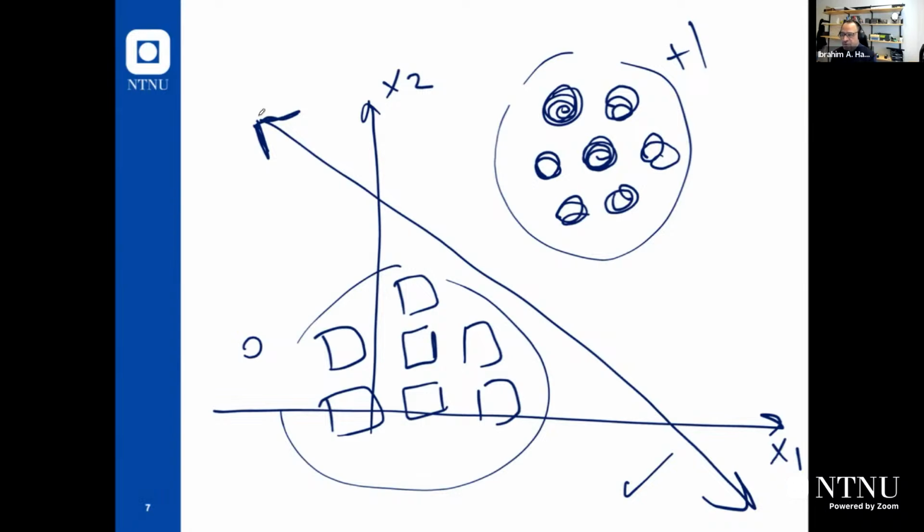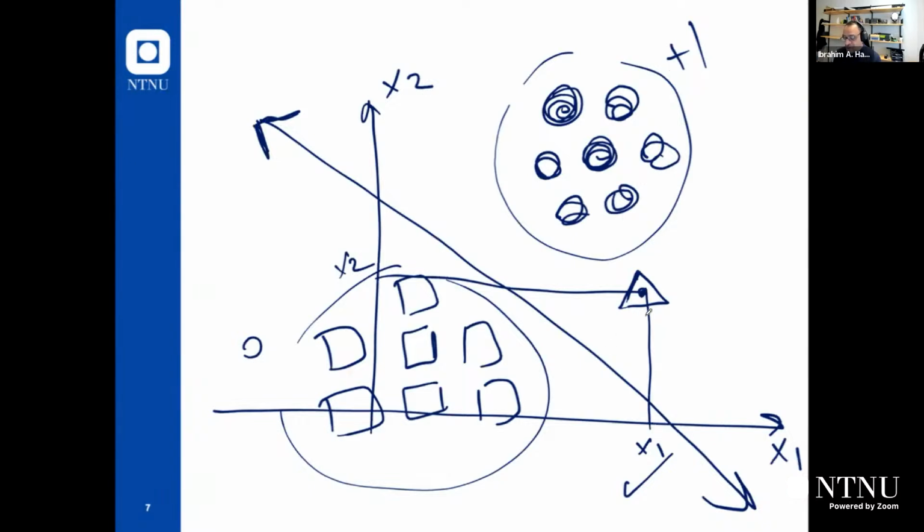Imagine it's two features. So I got a new example here, which is this triangle. This is the x1 value and the x2 value. I will substitute those two values into my decision line and I will get a value. If this value is above the line, positive, it will be classified into +1.